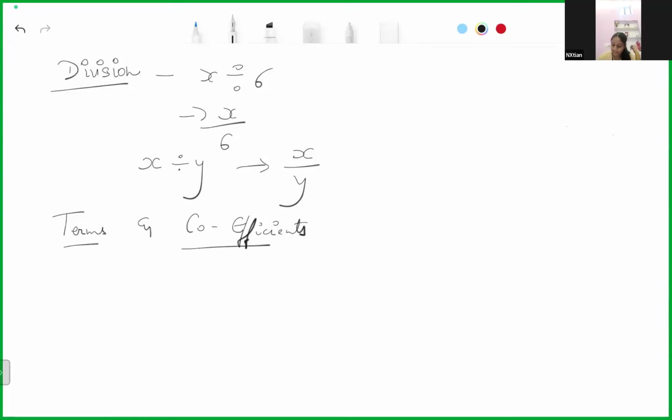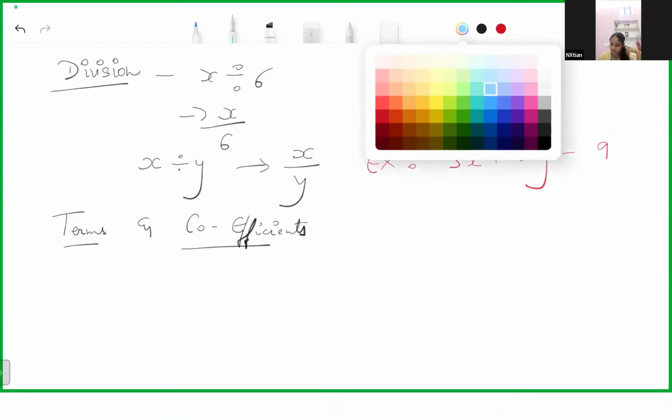Now, let's take one example. 3x plus 5y minus 9. So what are my terms in this? 3x, 5y, and 9.